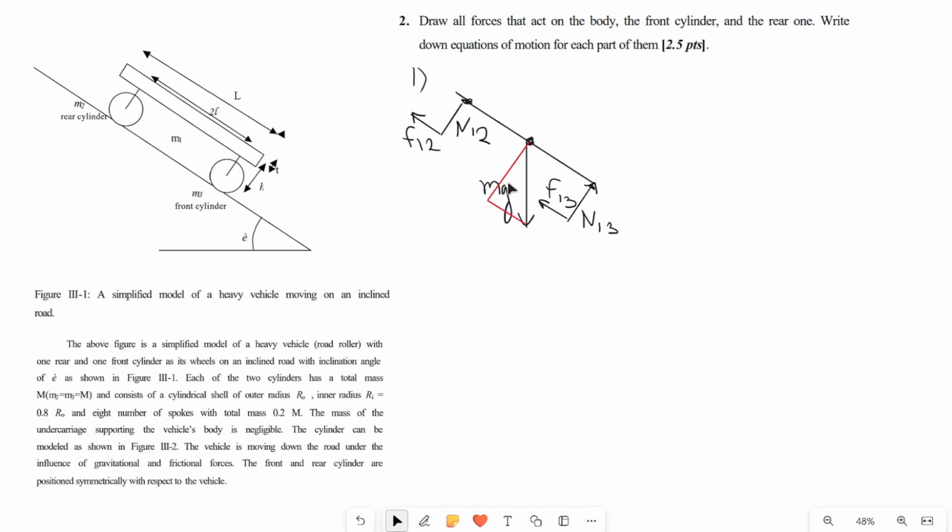We can also resolve the weight vector mg. So just move the mg sign over here, and this is going to be very, very useful.